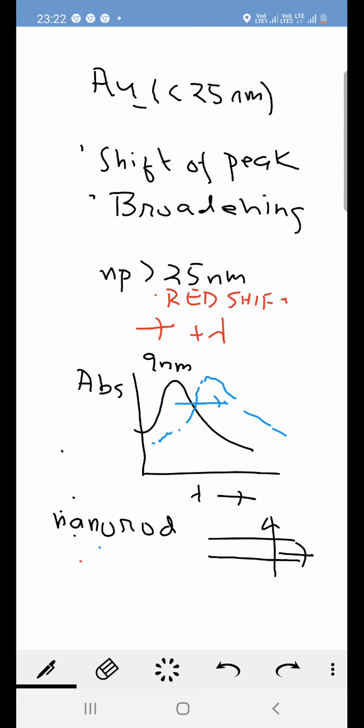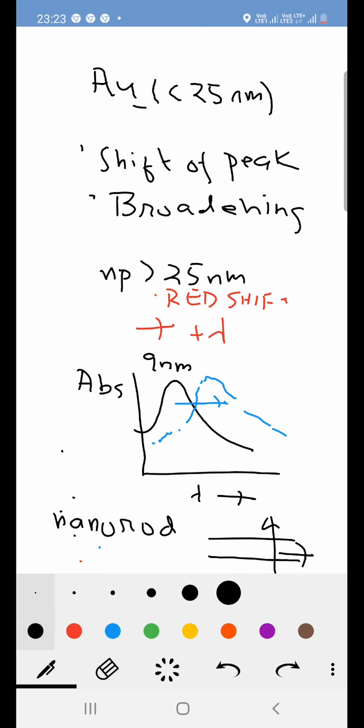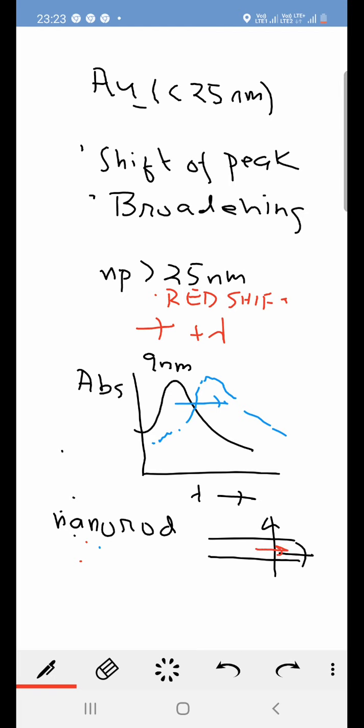The plasmon band actually splits into two oscillations, longitudinal and transverse. Some oscillations will be longitudinal, some will be transverse.